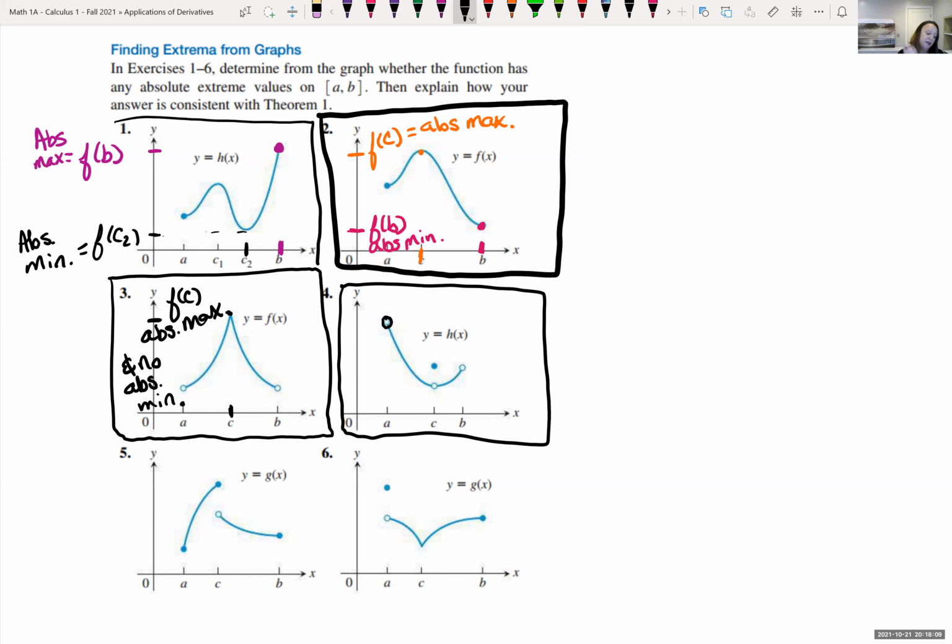We can get closer and closer to whatever this f of a value would have been, so there's an infinite number of values that will keep getting bigger and bigger. This is an open circle here, so there's no absolute minimum either. And so this has no absolute max or min.